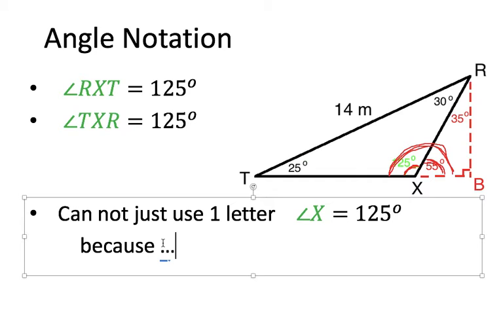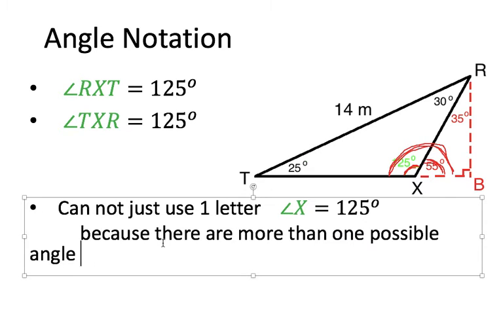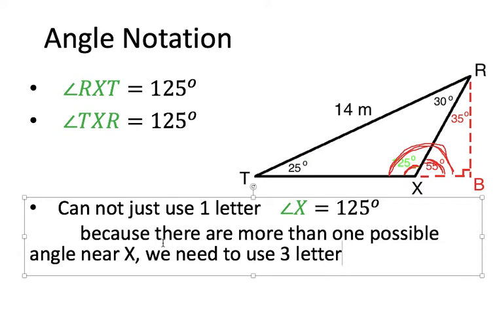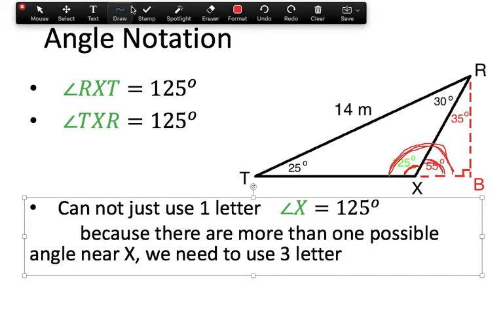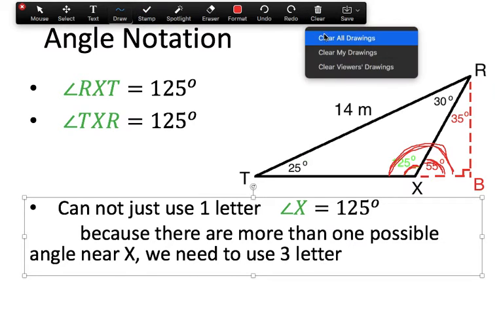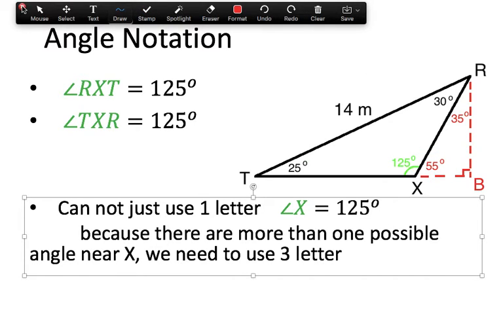Because there is more than 1 possible angle near X, we need to use 3 letters, so you know exactly which angle we're talking about. This is basically what you'd call an ambiguous case, or unclear if you just use 1 letter.